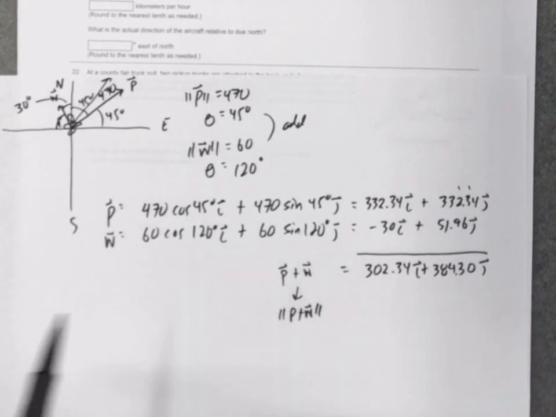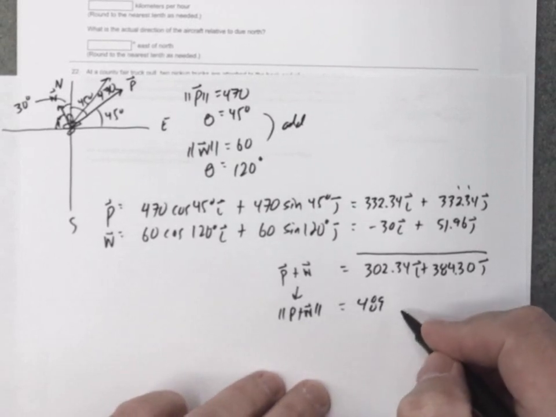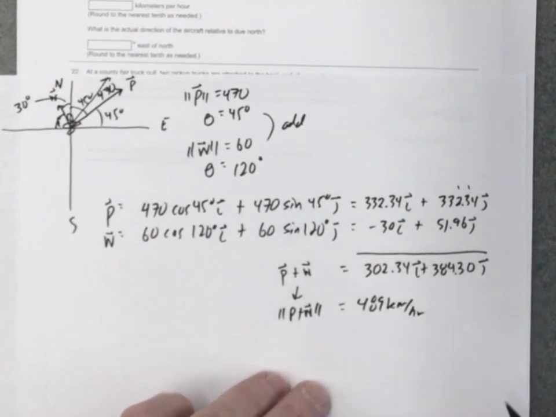So I'm going to take this 302.34, square it, and add it to 384.30 squared. Add those and take the square root, and you get 488.97, or basically 489. So that's how fast the plane is going, kilometers per hour.